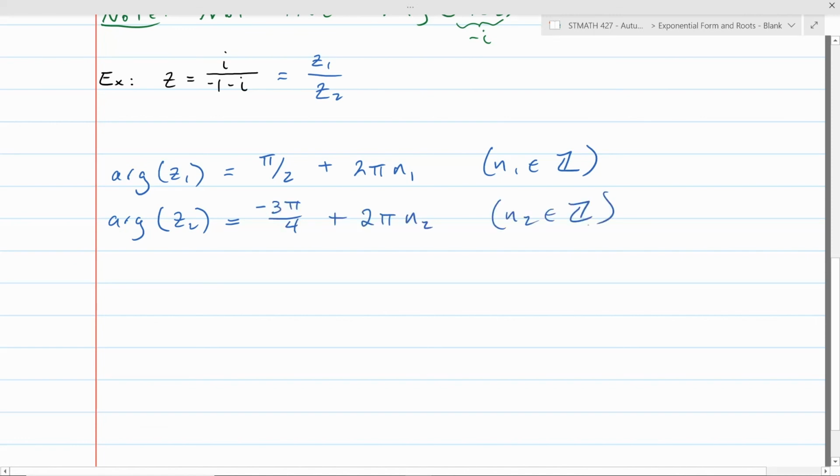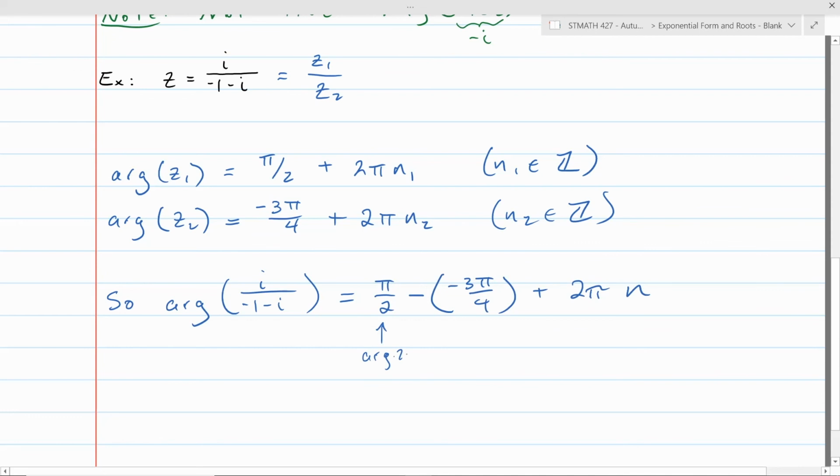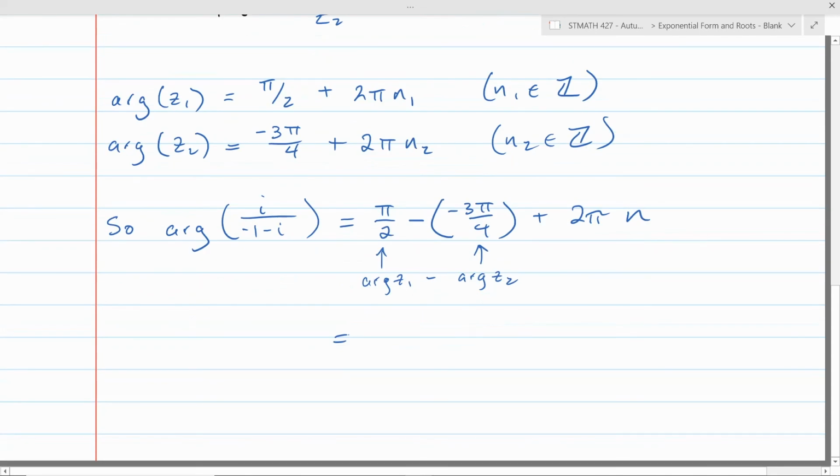So if I wanted an argument for this i over negative 1 minus i, I could just subtract, because I'm doing division. It'd be pi over 2 minus negative 3 pi over 4 plus 2 pi n. I'm just taking arg of z1 minus arg of z2, and you end up with 5 pi over 4.